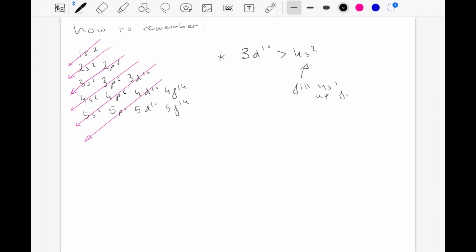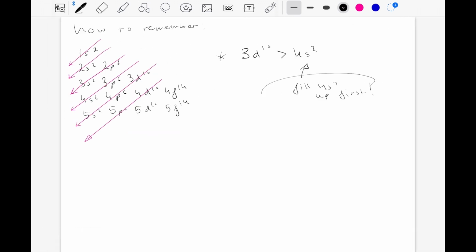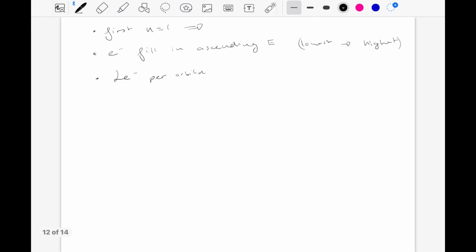So this goes back to a couple of rules that I have been meaning to mention. First, we start at n equals 1, and then we go from there, from n equals 1 to n equals 2 and so on. Also, electrons fill orbitals or subshells in ascending energy levels, from lowest to highest.